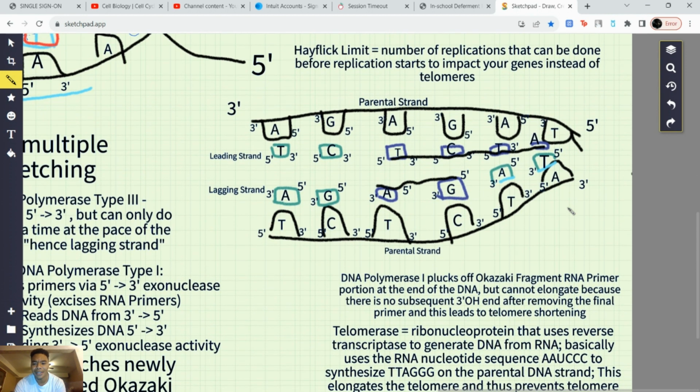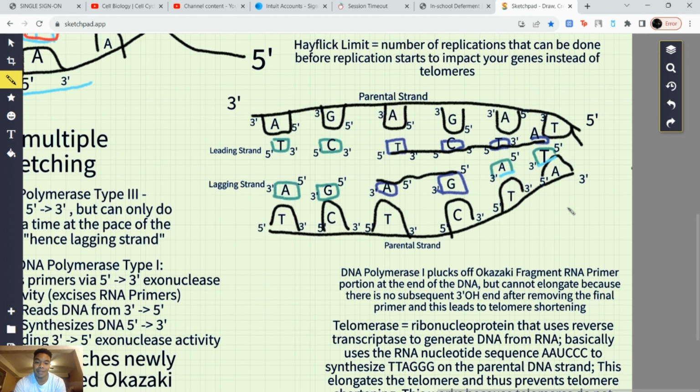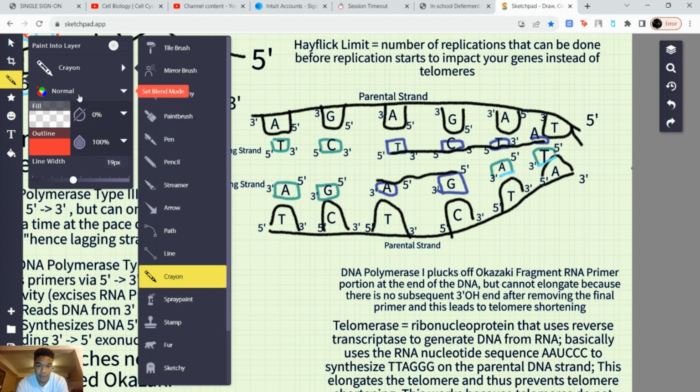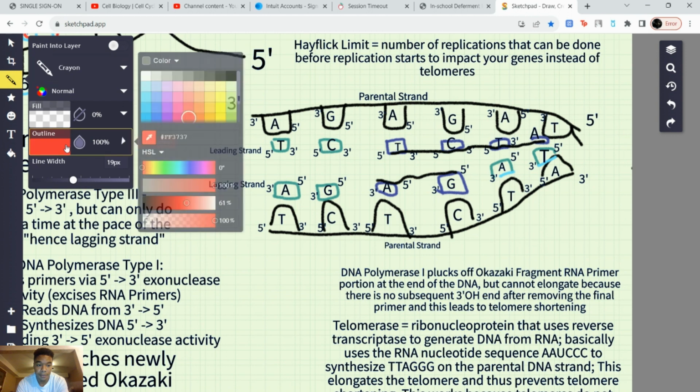So how does this happen? Now, this is going to be the most fun part of this lecture because it's going to be an application of everything that we've learned thus far. As we know, the leading strand, we're going to use our colors for this, has one RNA primer.